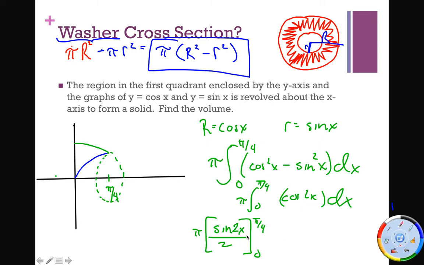At pi fourths, that becomes pi halves. Sine of pi halves is 1, so it becomes 1 over 2 times pi, which is pi over 2, minus, plugging in 0 just makes this 0, so my answer is pi halves units cubed. That's pretty cool. I like that problem. I like these problems. I think they're kind of fun.